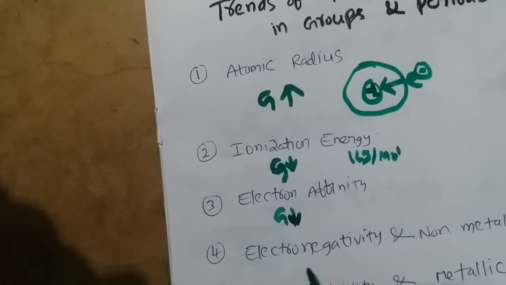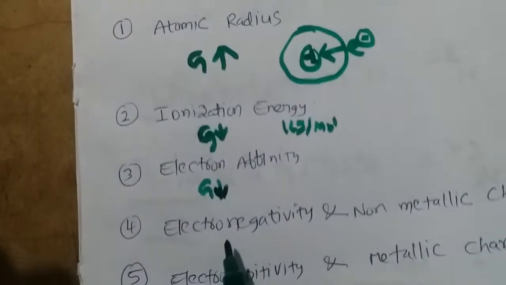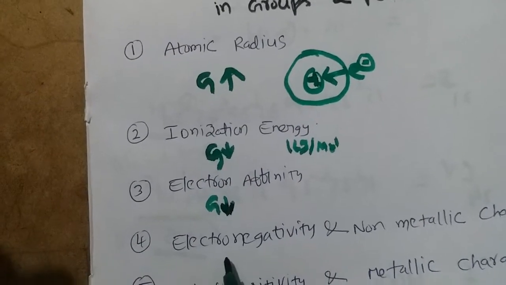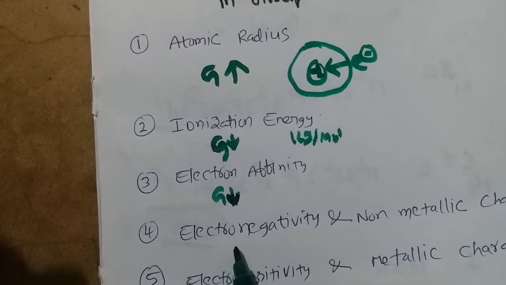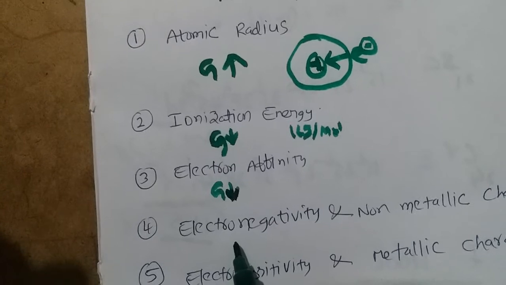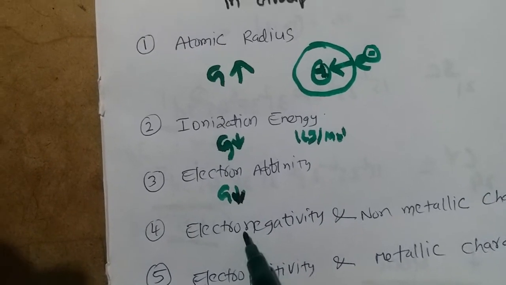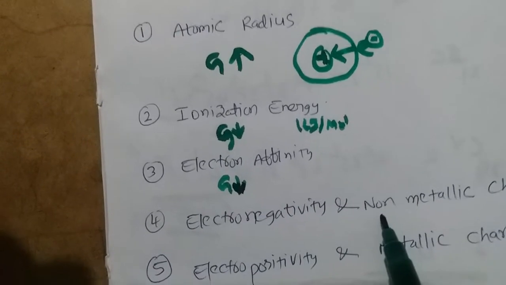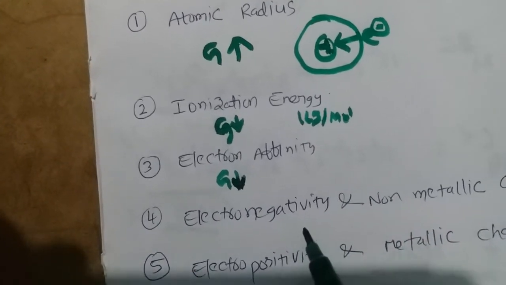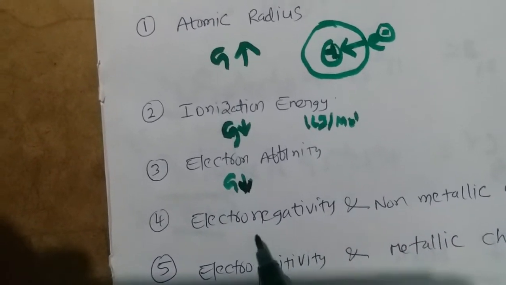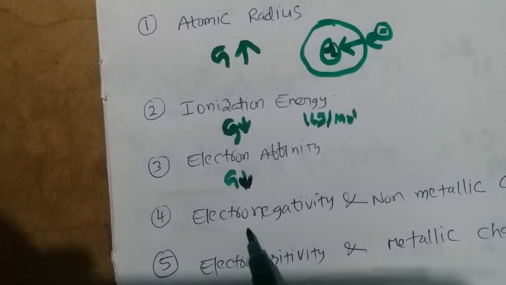Coming to electronegativity. Electronegativity is the tendency of an atom to attract electrons. This tendency will become less. Why?